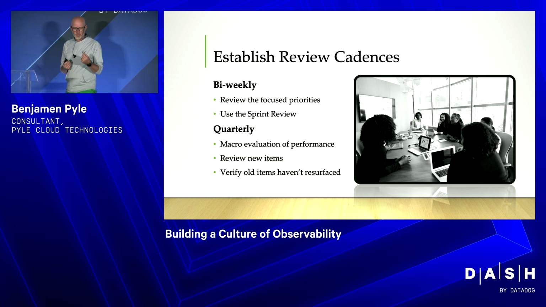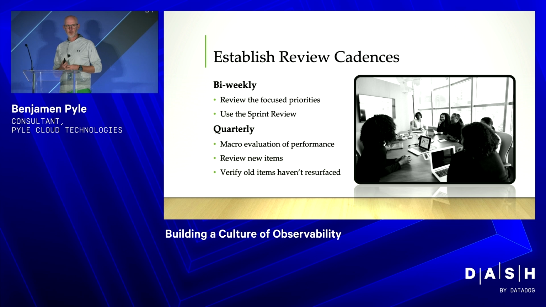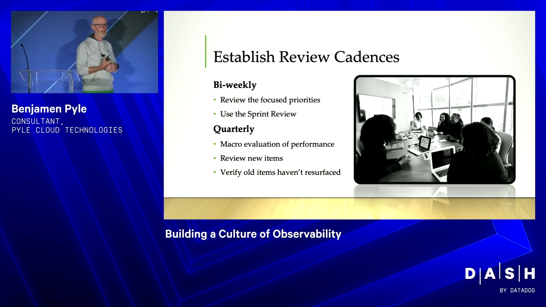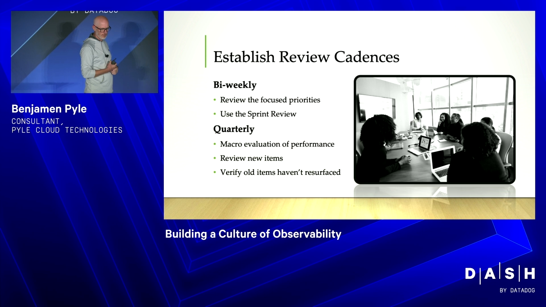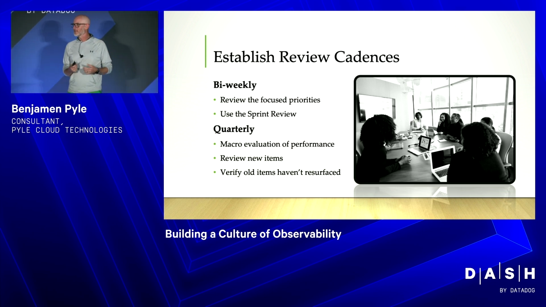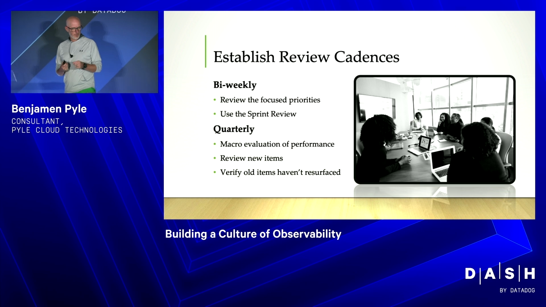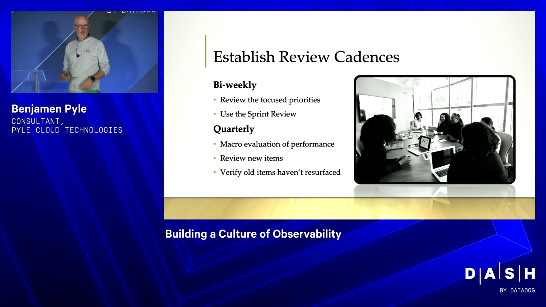And then really important, don't let old things come back to bite you, right? Just because we fixed the user API 9 months ago and it was under 1.5 seconds, maybe now it's 3 seconds and you've let it slip, or maybe you've got new workloads. So don't let those old items come back up and get you in a spot later on.